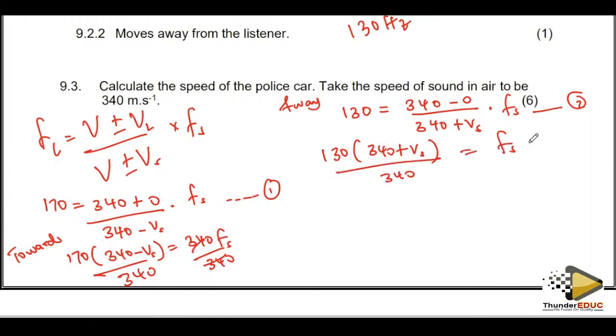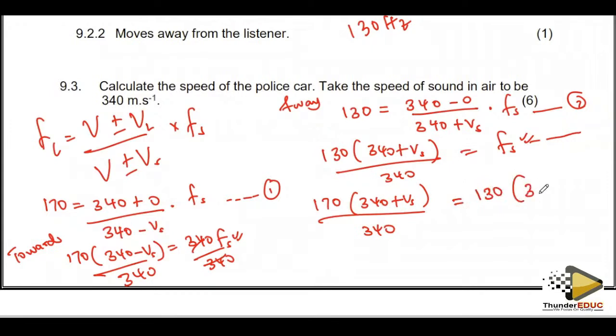That is my fs. Then I'll equate this fs and this fs. So I'll have 170 into 340 plus Vs over 340 should be the same as this one, the 130 into 340 plus Vs over 340.